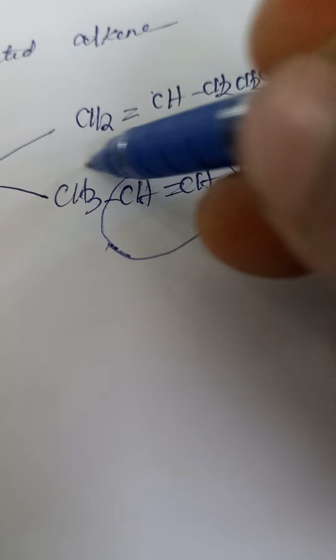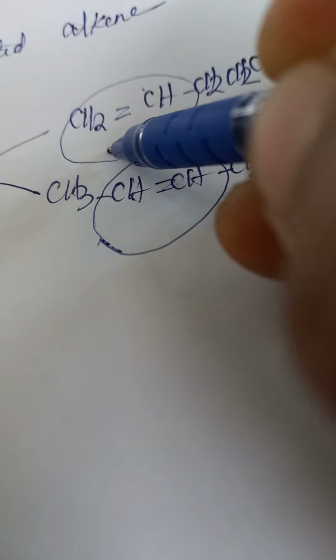After getting these, you have to look at the double bond. Here only one alkyl group is attached, propyl. But here, this is an ethyl group and this is a methyl group. Two alkyl groups are present, so this is the major product.